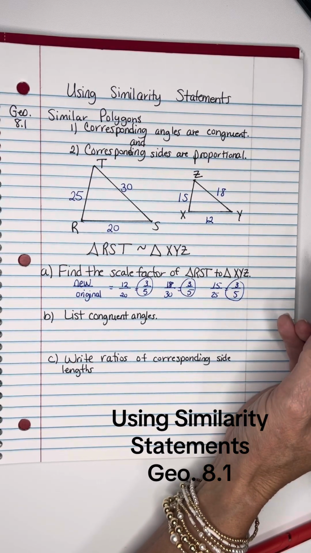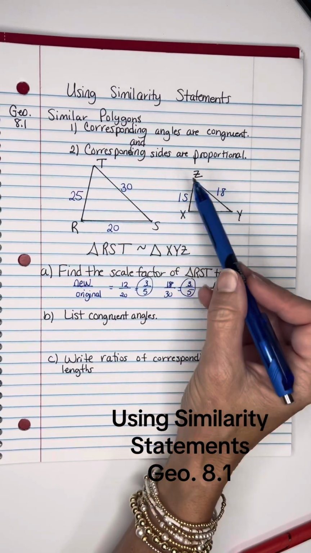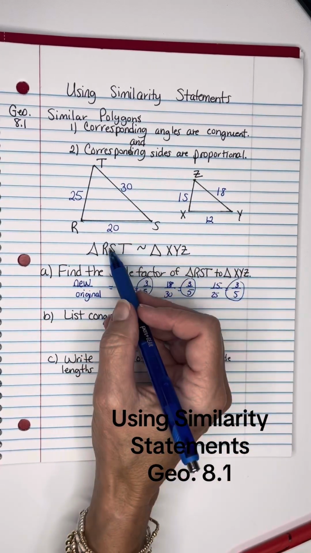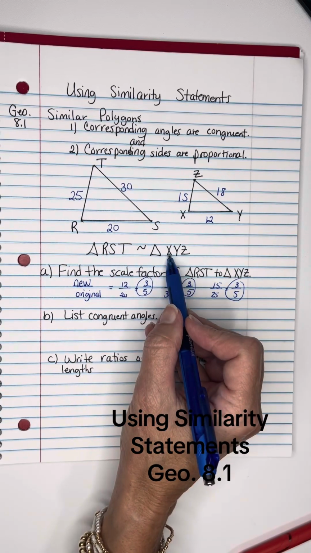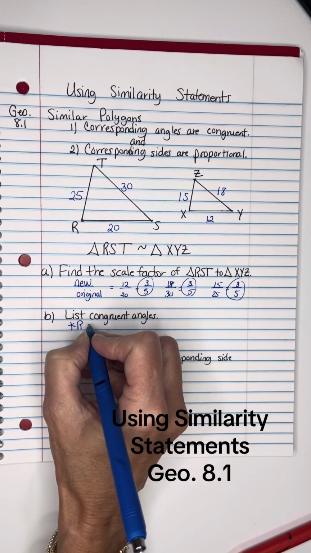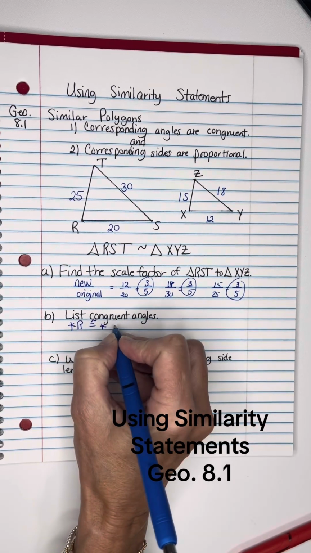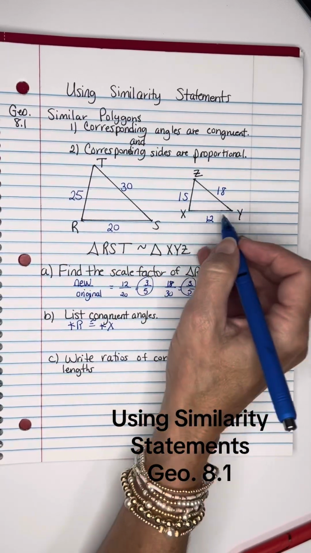Now it wants me to list the congruent angles, okay? So we can tell which ones are in the same place. You can also look at your similarity statement. R is written first, X is written first. So angle R is congruent to angle X. And then we have S and Y in the same place.